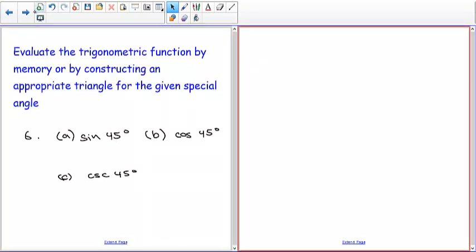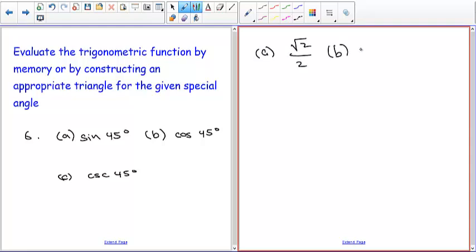Okay, evaluate the trigonometric function by memory or by constructing an appropriate triangle for the given special angle. Okay, so I know it from memory. So I'll explain how to do it the other way. So the sine of 45 is the square root of 2 over 2. B, cosine is square root of 2 over 2.